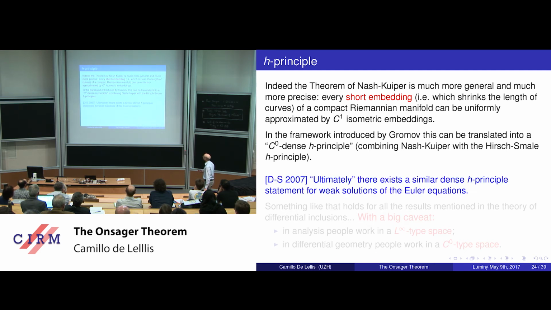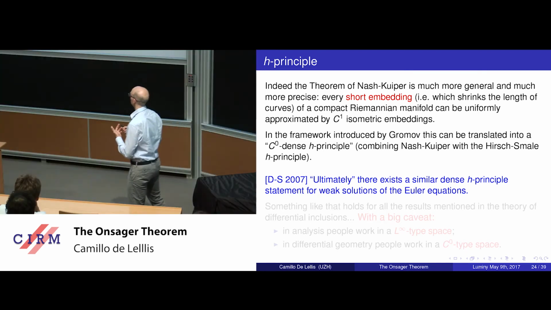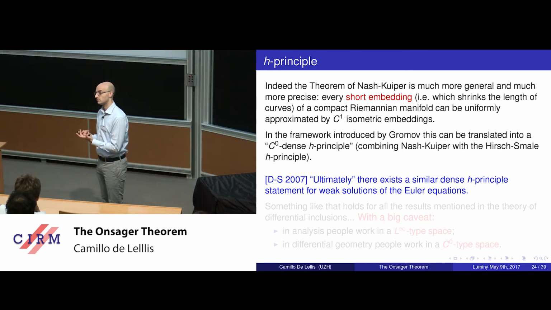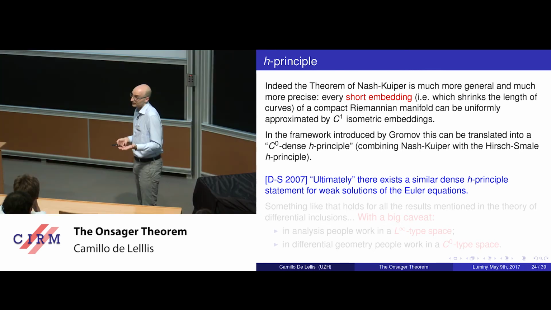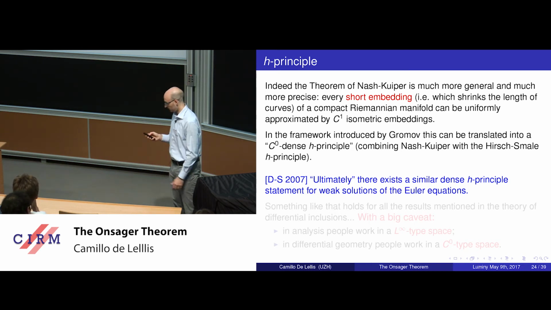And what we proved in 2007 is that there is a statement like this for weak solutions of the Euler equations. There is a way of defining a subsolution of the Euler equations, and nearby, in a weaker topology than the regularity of the solutions, I'm finding a lot of weak solutions. So we came up with the crazy idea that maybe this conjecture of Onsager can be understood as a type of h-principle for the Euler equations.